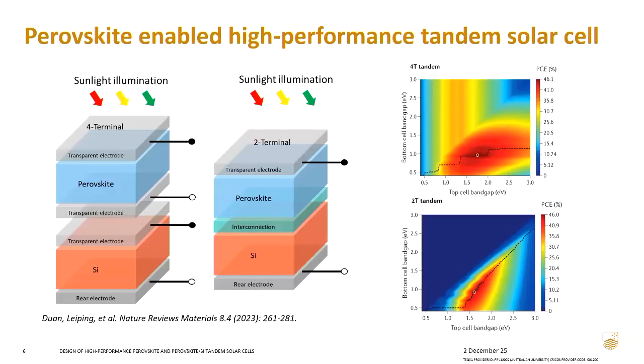As you can see, the two cells are separated, with both the transparent contact at the back of the top cell and the contact of the silicon cell present in the cell structure. But for the 2-terminal, the cell structure is simplified by removing one transparent electrode. Instead, there is an interconnecting layer that connects the two cells electrically.